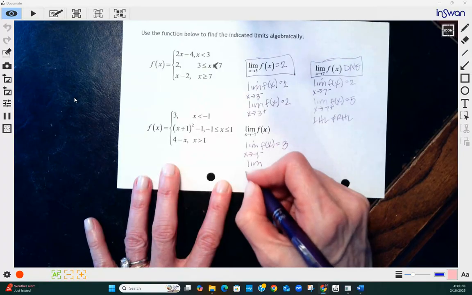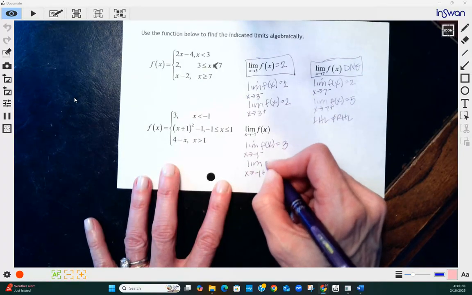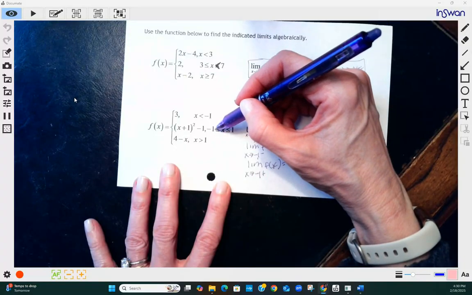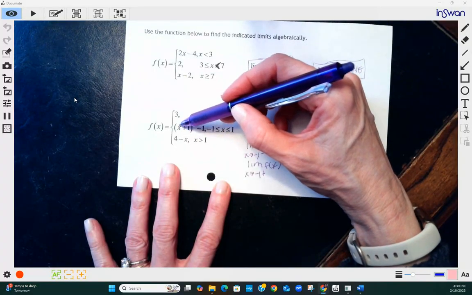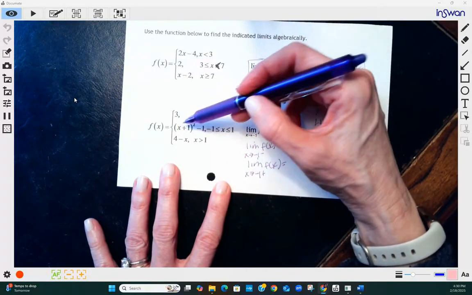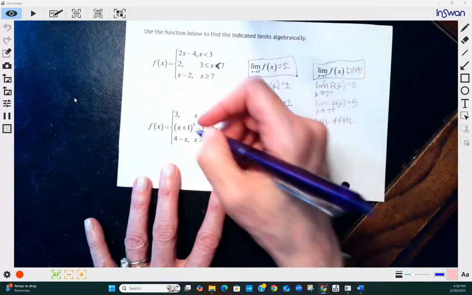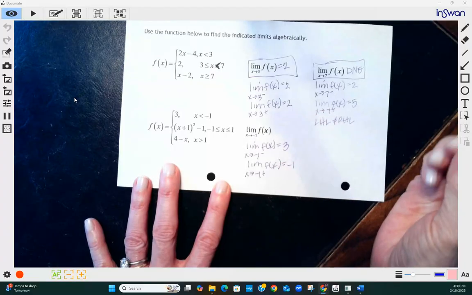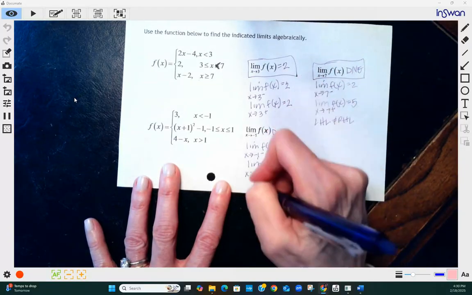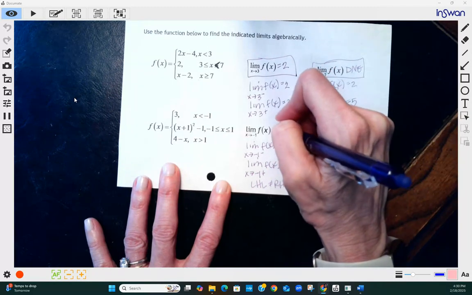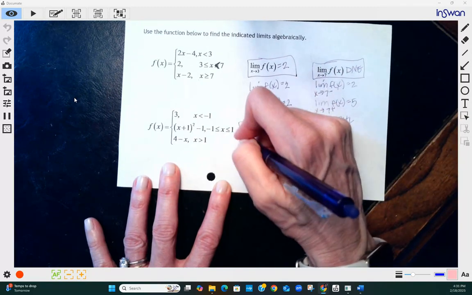The right-hand limit, x approaches -1 from the right. This would be x is greater than or equal to -1, so I would substitute the -1 into this function. So -1 plus 1 is 0, 0 squared is 0, minus 1. So the right-hand limit is -1. Since the left-hand limit does not equal the right-hand limit, this limit does not exist.